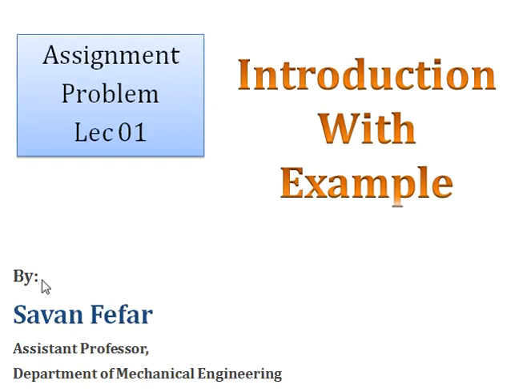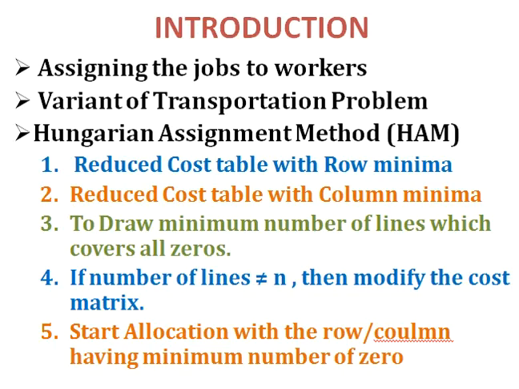So today we are going to discuss how to solve assignment problem by using a Hungarian assignment method. Before that, let's take a preview of how this method works and what the applications are. As per the name, assignment problem is useful to assign a job to workers.